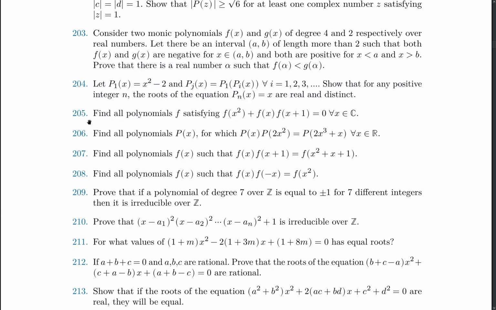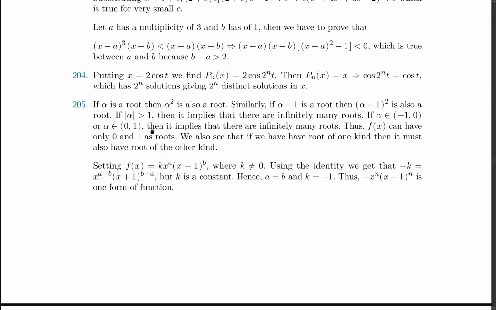Now question 205 says, find all polynomials f satisfying f of x square plus f of x plus f of x plus 1 is equal to 0 for x in the set of complex numbers. So observing the given relation which we need to establish, if alpha is a root, then alpha square is also a root. Similarly, if alpha minus 1 is a root, then (alpha minus 1) whole square is also a root.